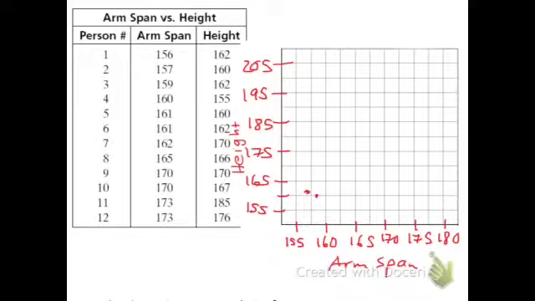Like that. 159, 162. So we'll put that one right there. 160, 155. 161, 160. It's right there. 161, 162. Right there.